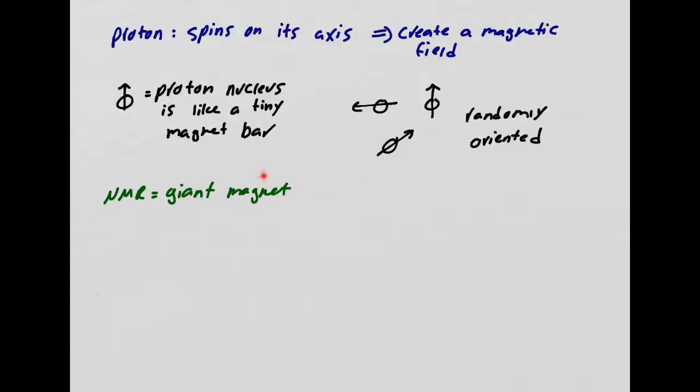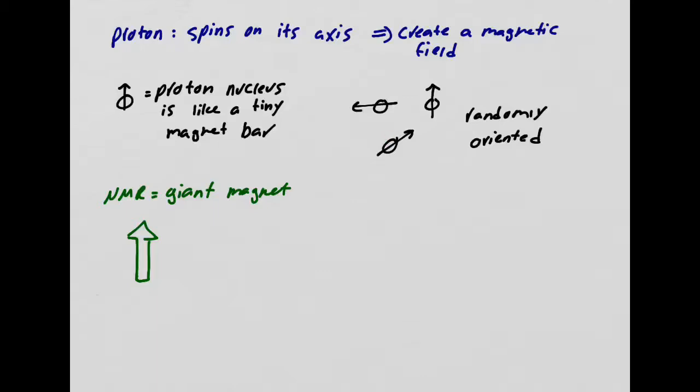So if we put the NMR, which is like a giant magnet, next to these protons, there's two ways they can be oriented. With the magnetic field or against the magnetic field. Now, I'm going to go slow because I know this is a lot of physics that I've been trying to avoid, right? So here is our external magnetic field, and think about NMR as a giant magnet.